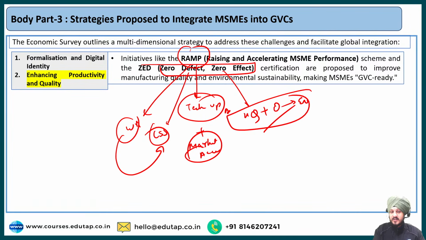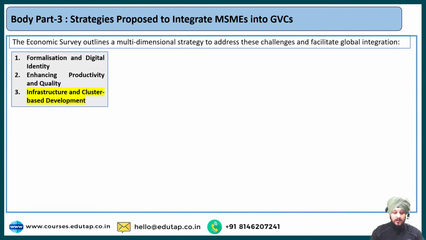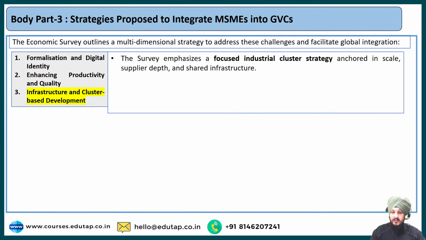So through initiatives like RAMP and Zero Effect certification, they are proposed to improve manufacturing quality and environmental sustainability, which make MSMEs GVC ready, global value chain ready, right? So that is another argument proposed by the economic survey in order to integrate these MSMEs into global value chains. Now the next one is regarding infrastructure and cluster development approach. Over here the economic survey says that we need to focus upon industrial cluster strategy, right?